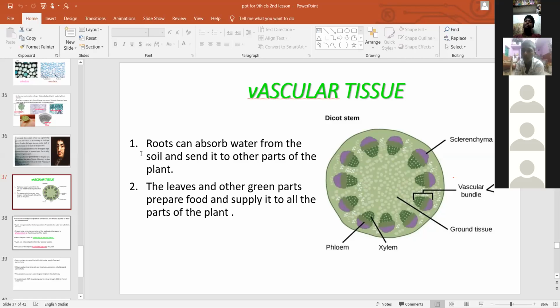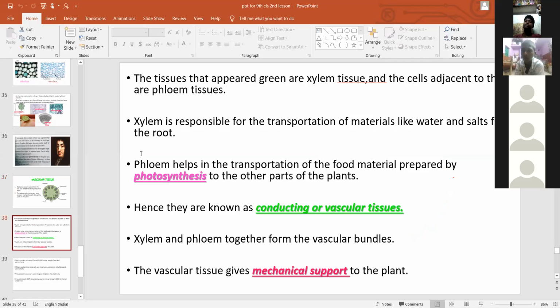Next, the xylem is responsible for the transport of materials like water and salts from the root. The xylem tissue and xylem vessels are present in roots.